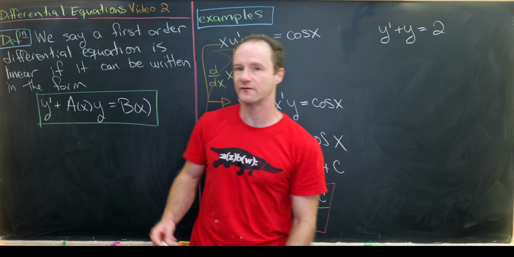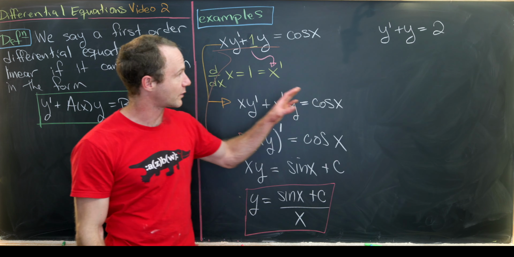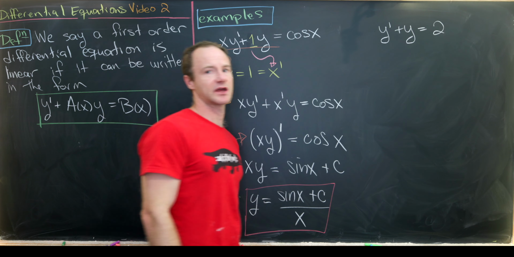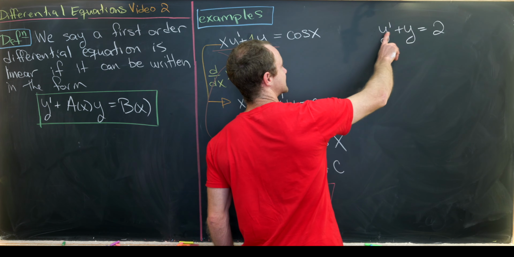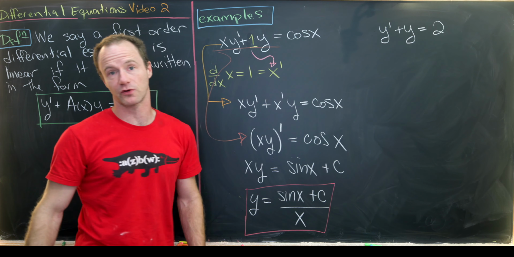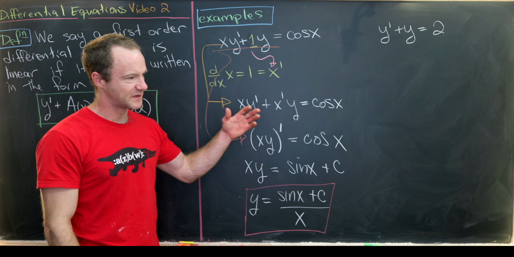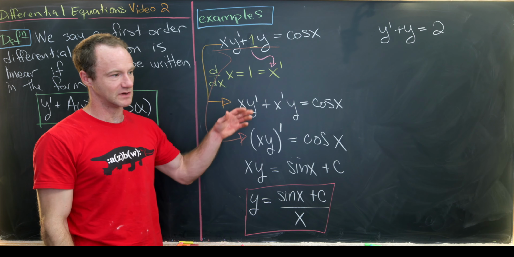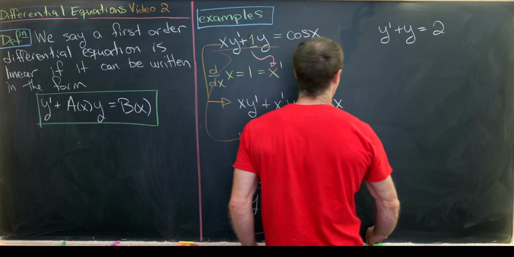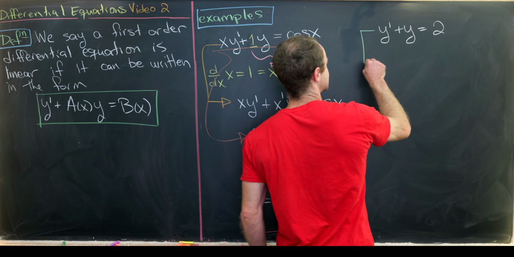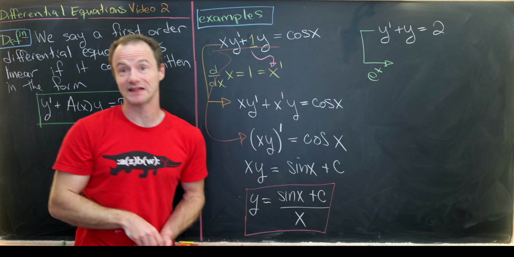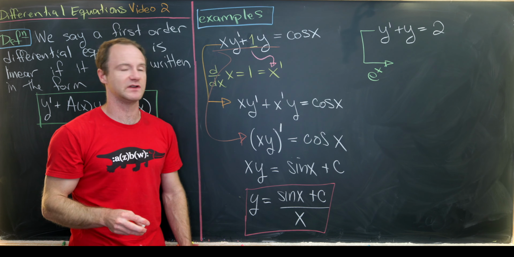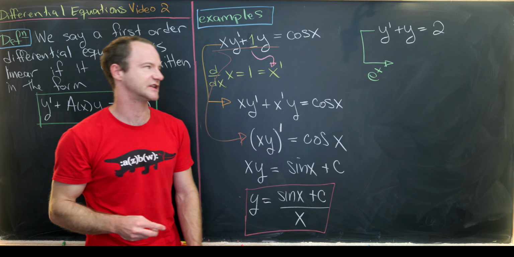Well, we'll be able to find a formula for it in general, but before we do that, let's just notice we want to multiply by a function so that this left-hand side looks like the product rule has been applied, but that means the derivative of that function must be itself. And that motivates us to multiply this entire equation by e to the x, because that's the unique function whose derivative is itself. Well, up to multiplication by a constant.